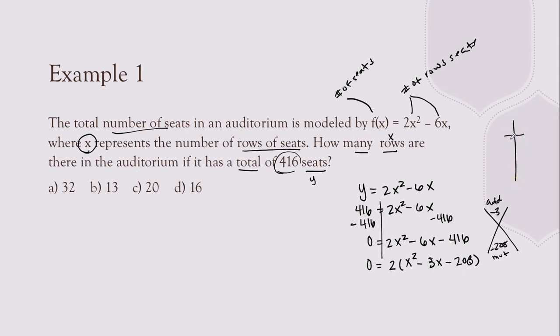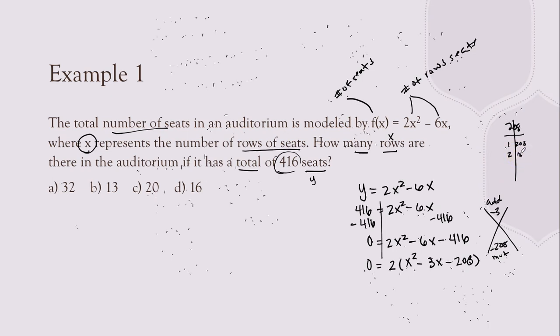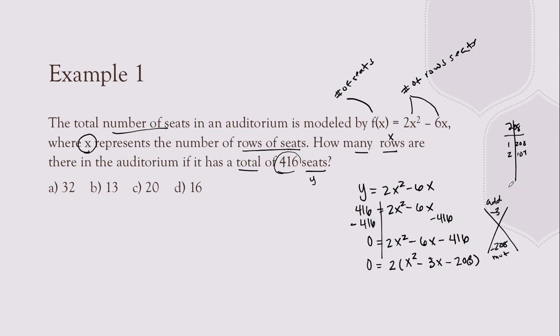So let's look at the factors of 208. So we obviously know 1 and 208. We know 2 and 104. I know my number is going to have to be pretty big. And as I'm doing this, I see 13 and 16 are also factors of 208.